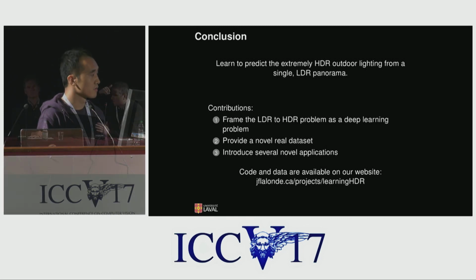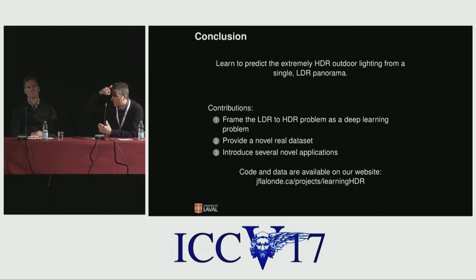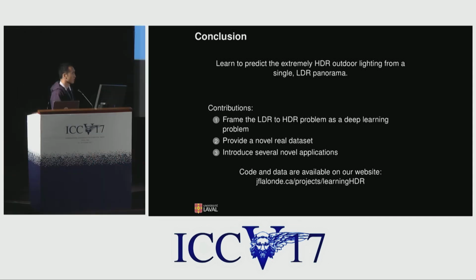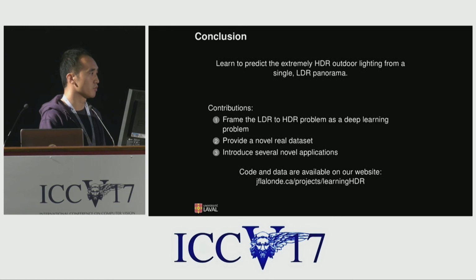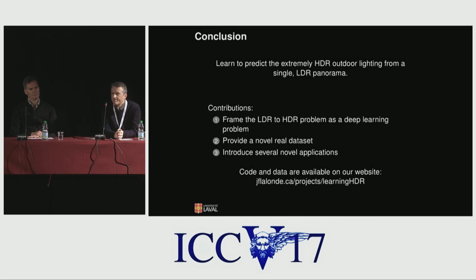Yes. I was wondering if you looked into whether it learned to detect or locate the sun from the shadows and shading. Yeah, we can find the sun elevation from the panoramas. We have a branch that can directly output the sun elevation in a panorama. Okay.